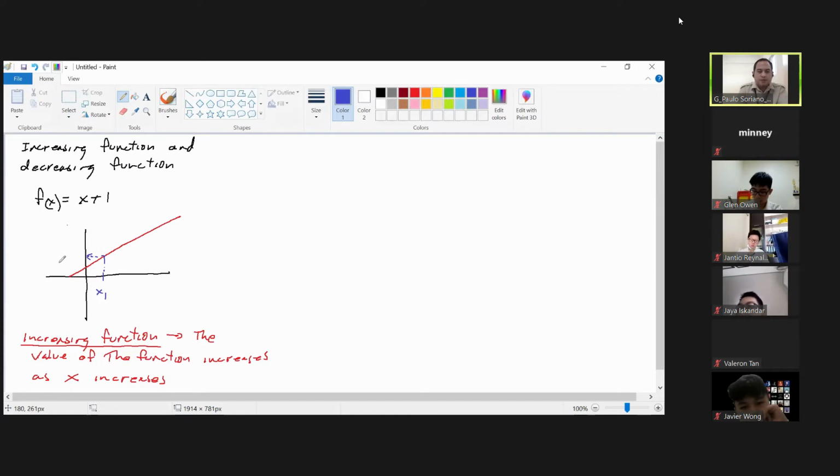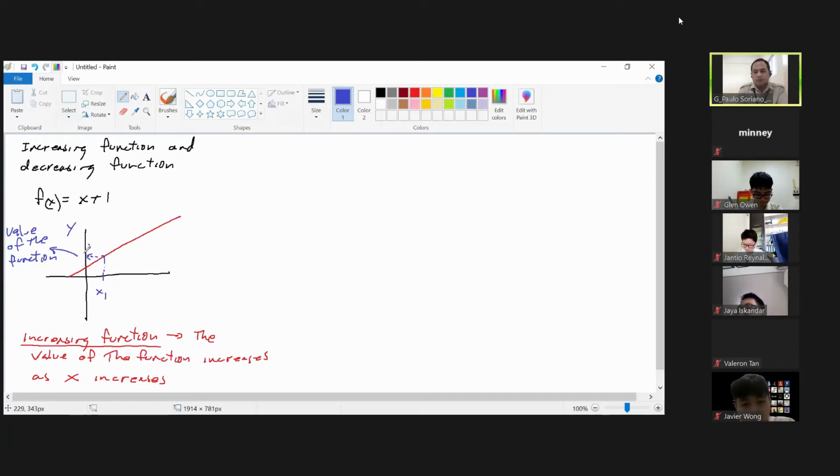This is its equivalent value of the function. If we input x is equal to 1, the value of the function is equal to 2.